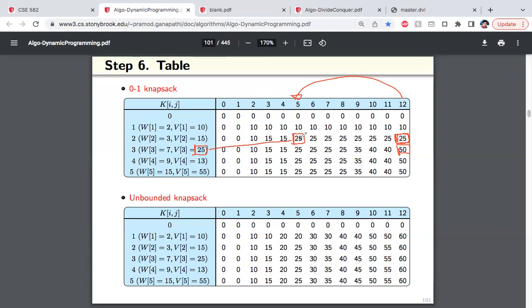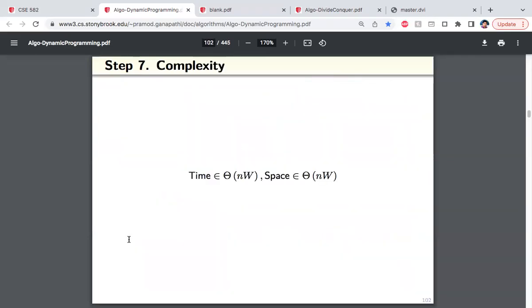So 25 plus 25 is 50. So max of 50 comma 25 is 50. So you get this 50 from this cell. And so on. You can evaluate every cell in this way. Follow the recurrence. Complexity is NW.